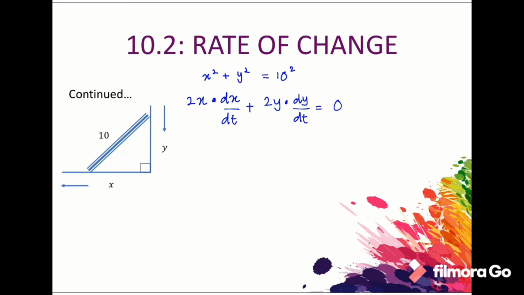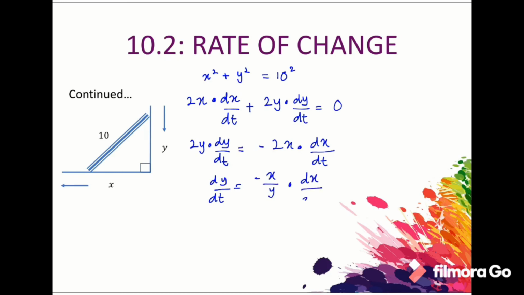And now we want to look for dy/dt, so we rearrange everything so that we get to find dy/dt. The next step is 2y dy/dt is equal to negative 2x dx/dt, and then we divide both sides by 2y. dy/dt is equal to negative x over y times dx/dt.